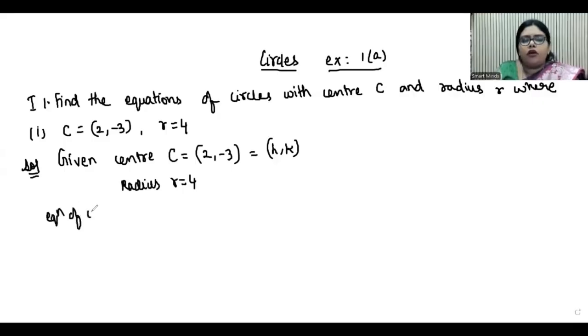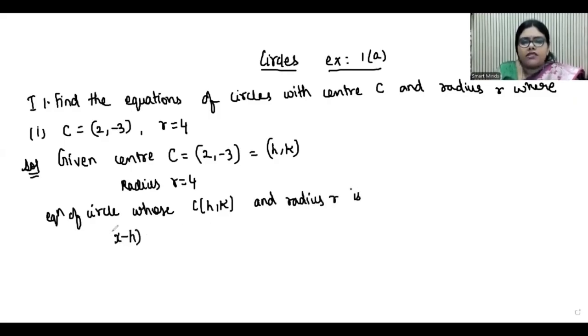Now we have a formula for equation of circle whose center is h comma k and radius is r is x minus h whole square plus y minus k whole square is equal to r square.